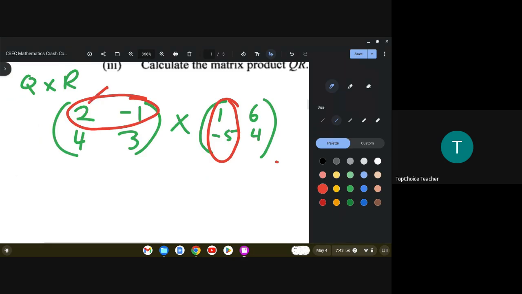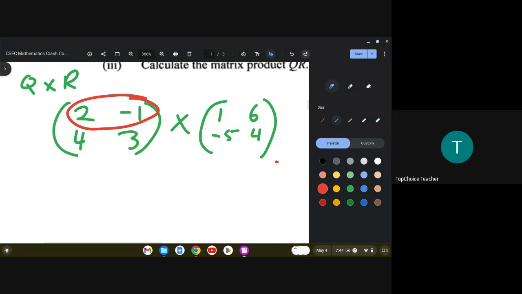That's the 2 and the 1. And you will add that to the product of the second element in the row by the second element in the column. Is that sounding familiar to some of you? That's how we do matrix multiplication. Row by column method. The first element of the row by the first element of the column. Then the second element of the row by the second element of the column.